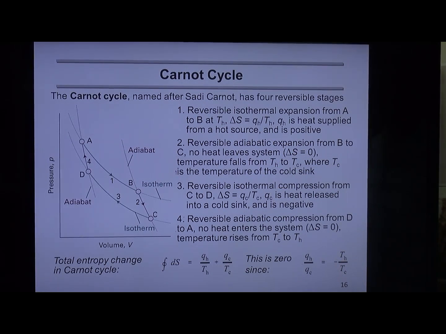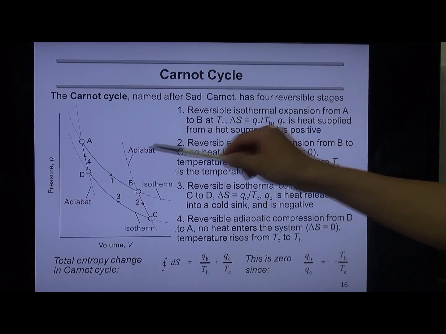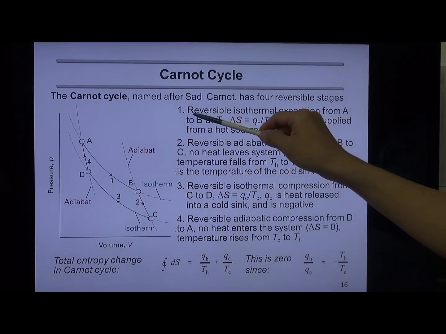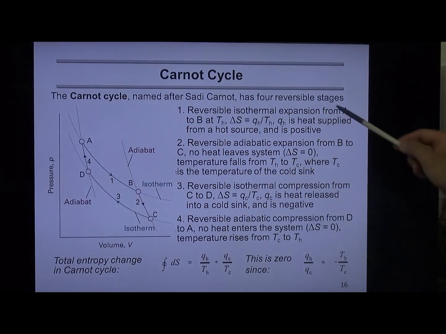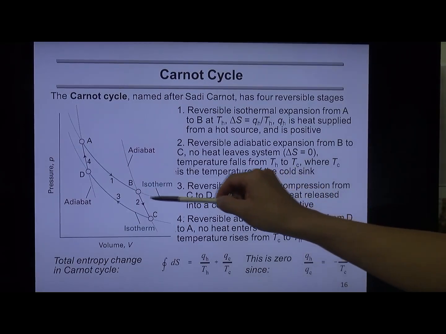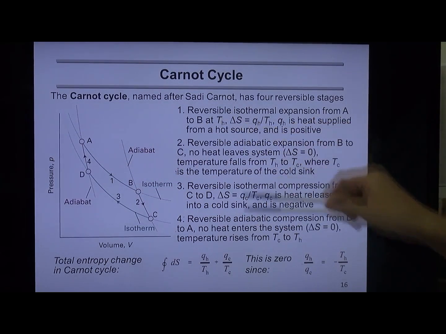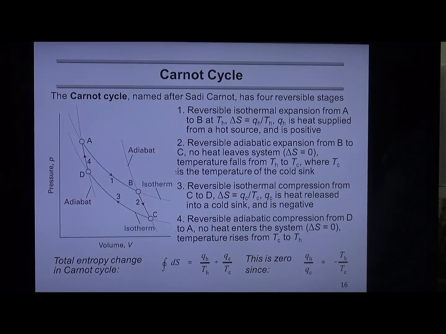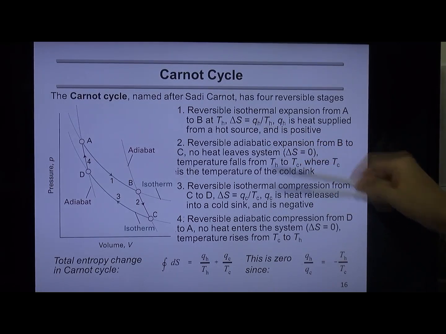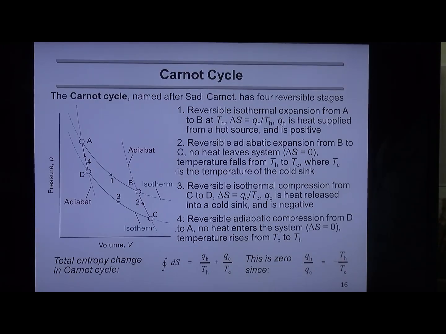So during the first process, reversible isothermal expansion from A to B, we say that this isothermal process occurs at temperature TH. Okay? Then delta S should be equal to QH over TH. Here, QH is the heat supplied to the system, to the engine, from a hot reservoir.